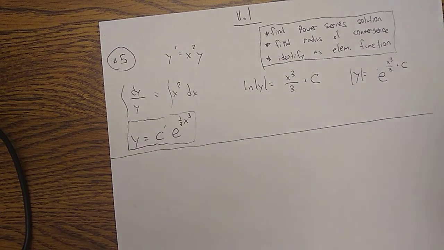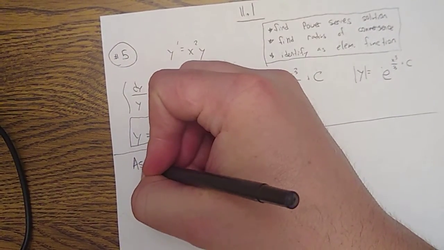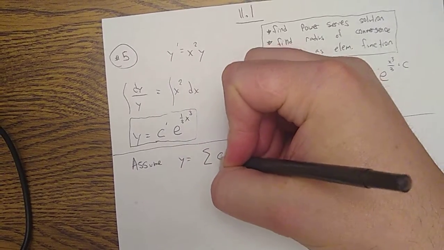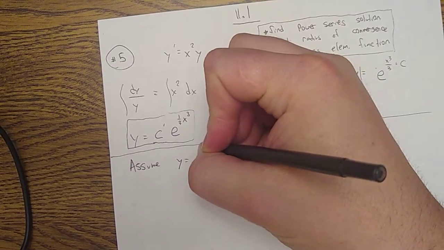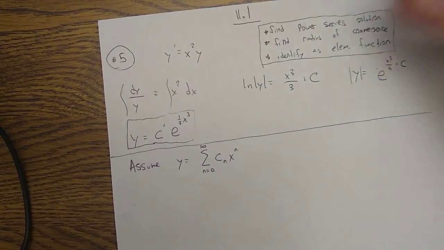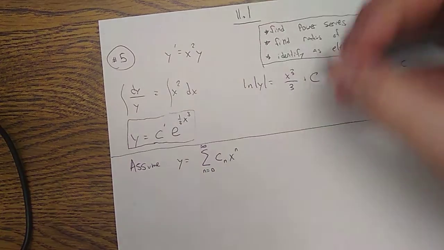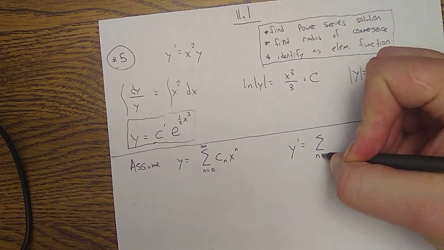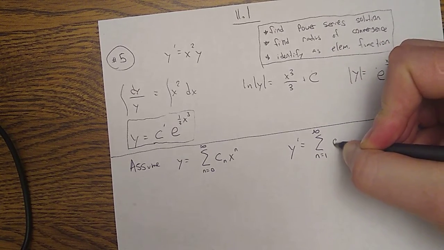Okay, so let's actually do the problem now. Find a power series solution. We assume y has a power series representation like this. I want to plug this into the differential equation. This involves the first derivative, so I need the first derivative, but that's it. Remember, this starts at n equals 1.